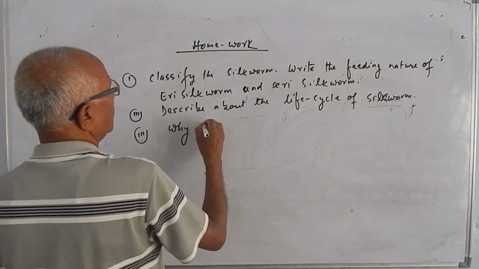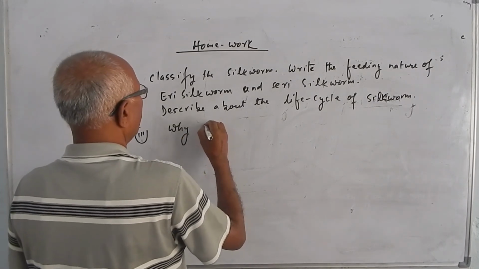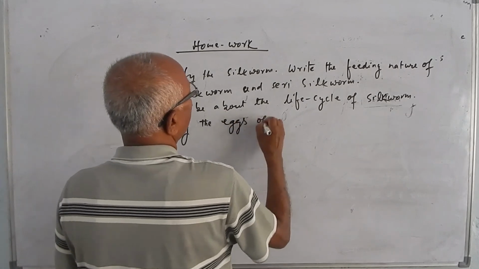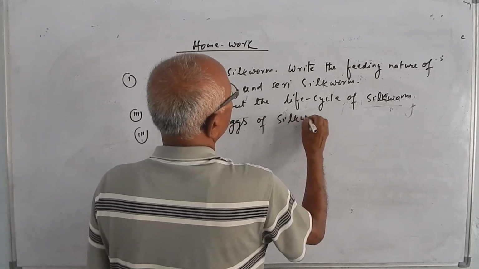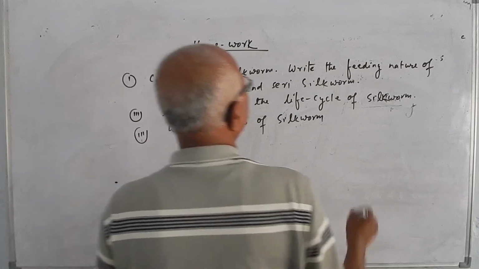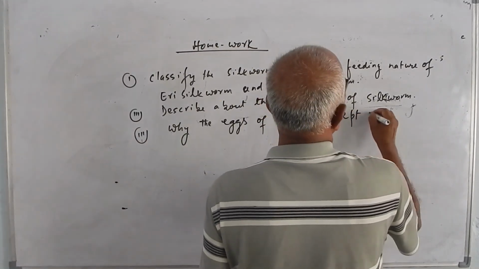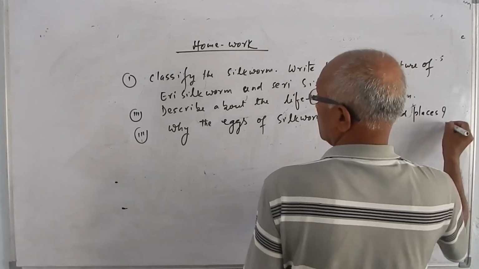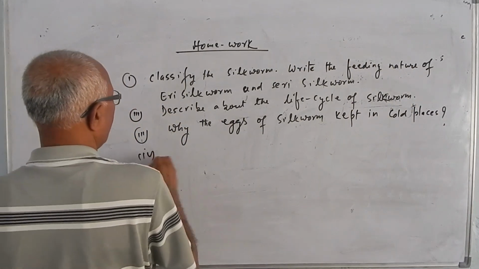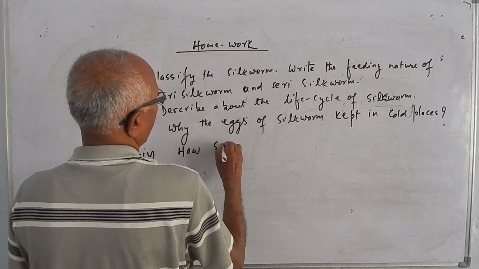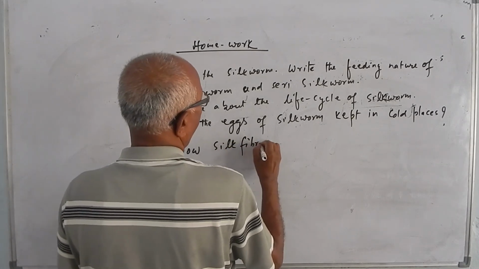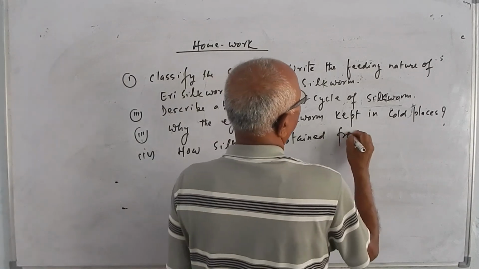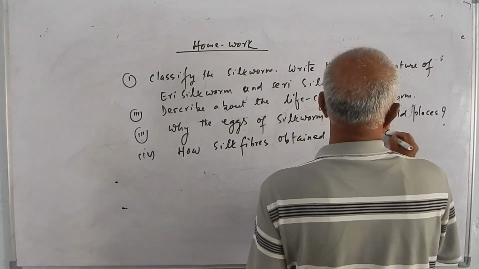Why the eggs of silkworm kept in cold places? How the silk fibers obtained from cocoon?